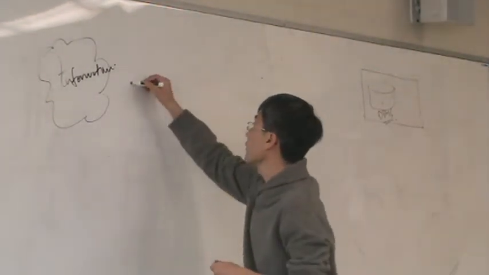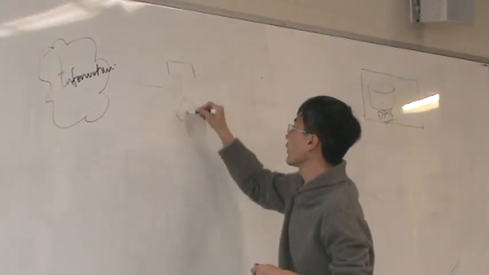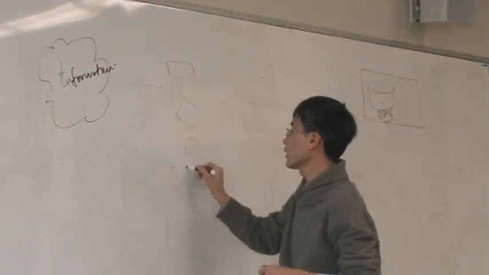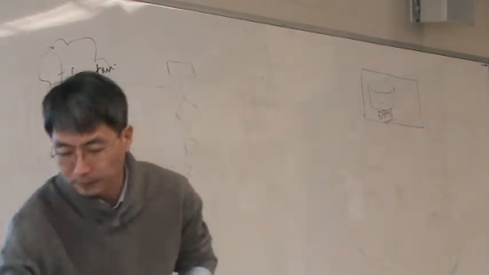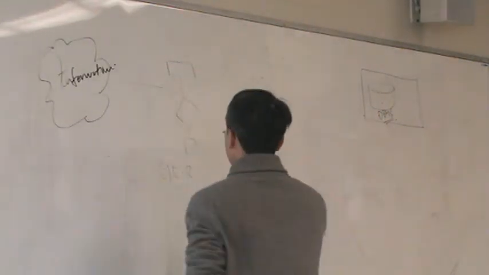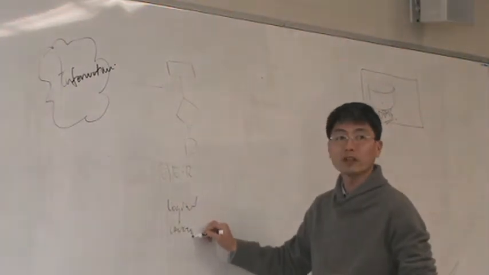The first step is we find entity and relationship, that is called ER or extended ER modeling. This is called logical modeling or sometimes conceptual modeling.